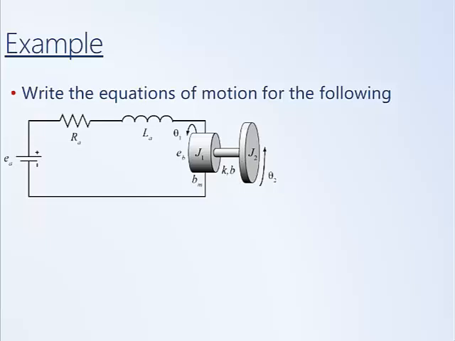So this one will provide a good refresher on the modeling of mechanical systems. Before we begin, let's just take a second and think about how many equations of motion we need to completely model the dynamics of this system.